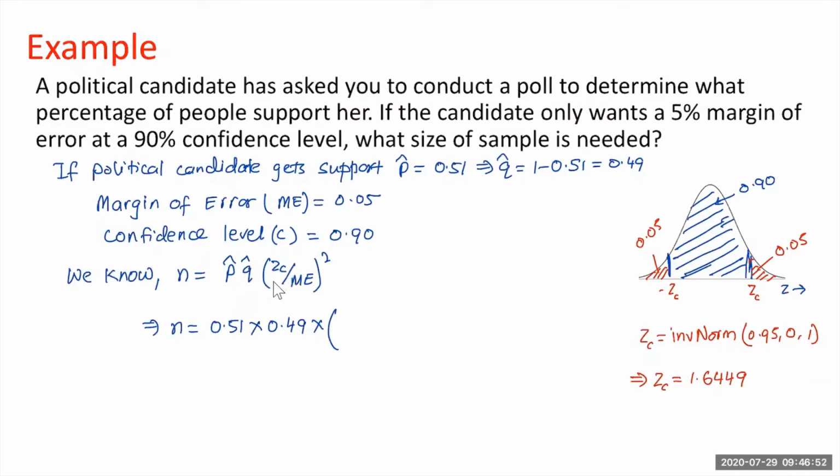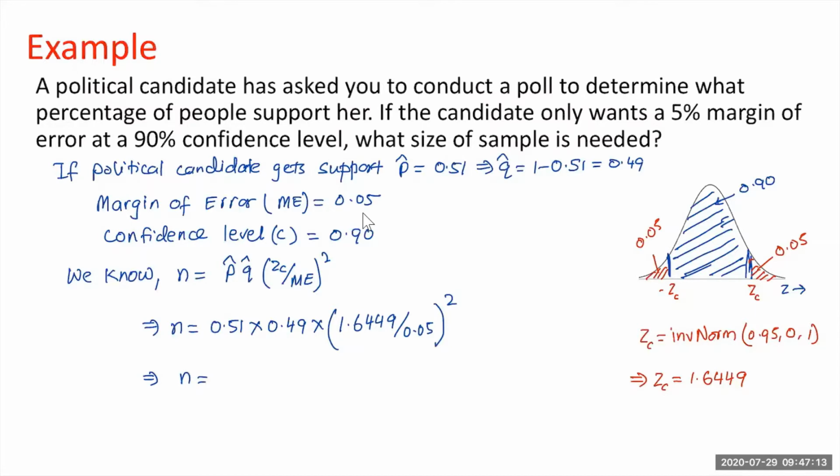Inside the parenthesis, we write z sub c, which is 1.6449. Divide that by margin of error, which is 5% or 0.05. Close the parenthesis and square it.